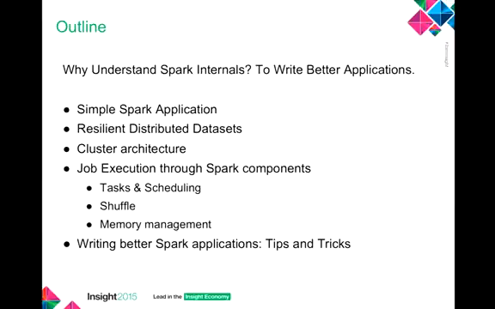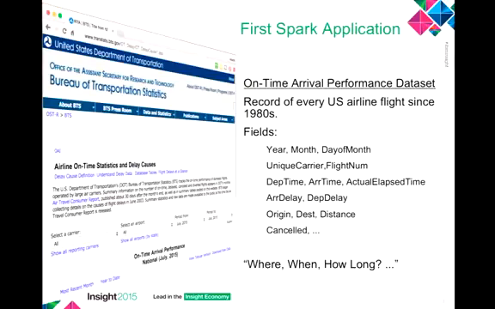So let's introduce the simple Spark application that I talk about. And if you were here yesterday, the 5 or so of you, you recognize this. I like to use this public domain data set for all of my presentations, because it's real data.